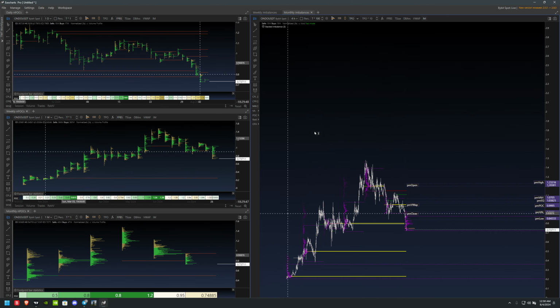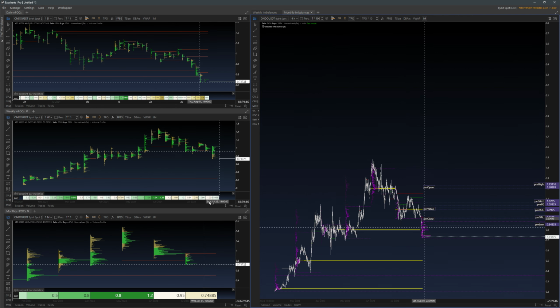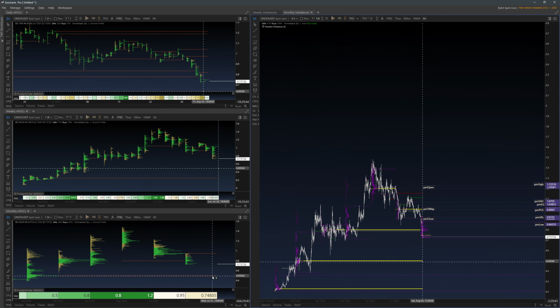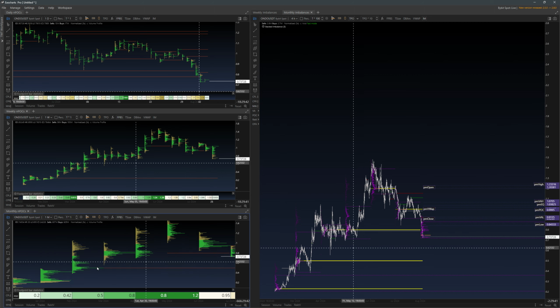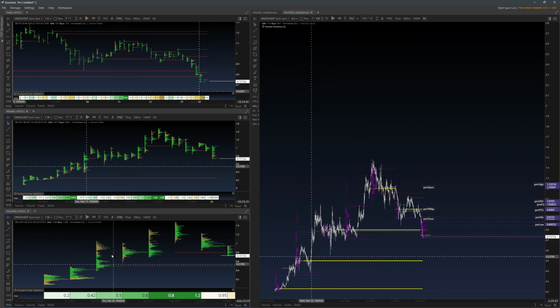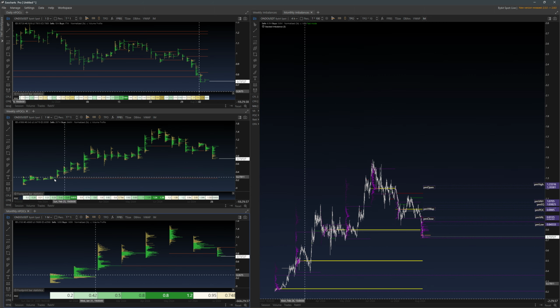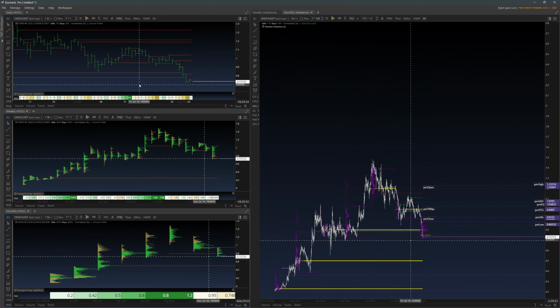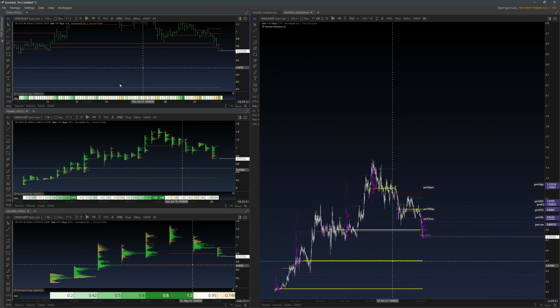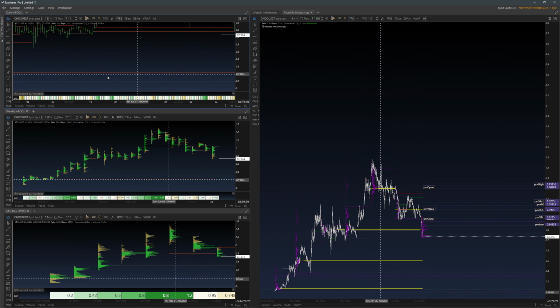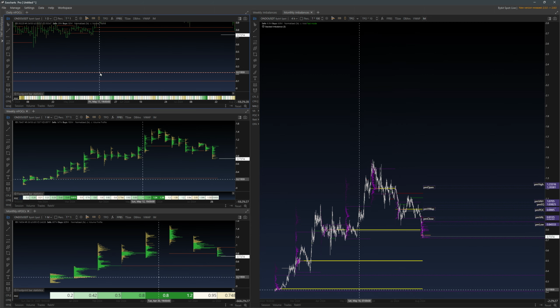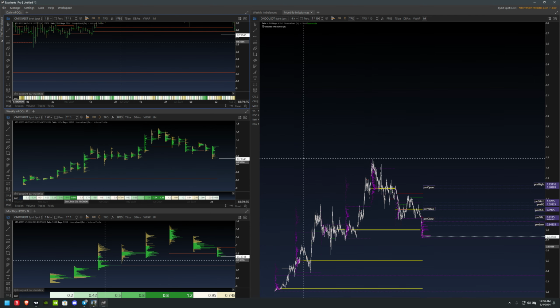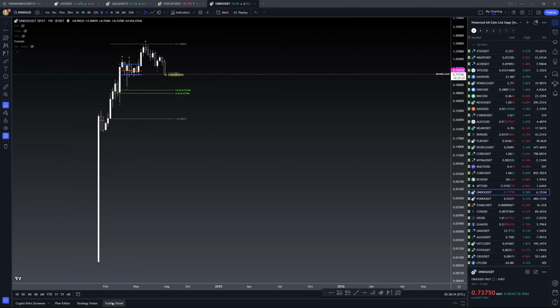Basically 0.5 on this monthly naked point of control. And it still opens it. Still open.